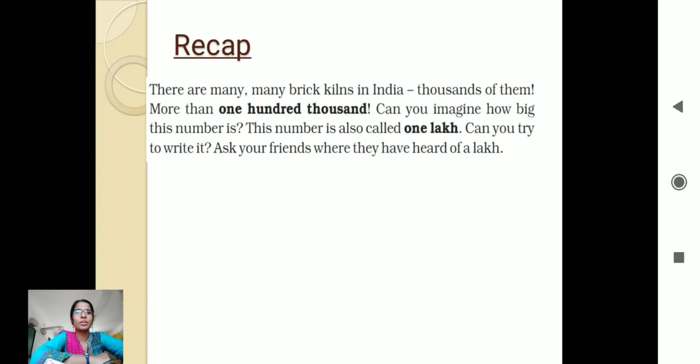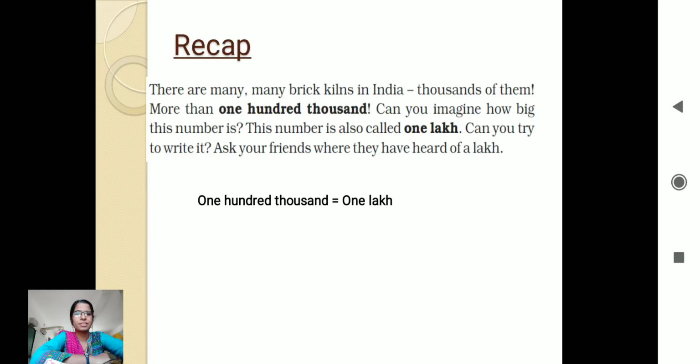So more than 100,000 means, can you imagine how big this number is? So when you write 100,000, what will it be? It is in international system, right? 1 followed with 5 zeros. This number is also called 1 lakh. So can you also try writing it?